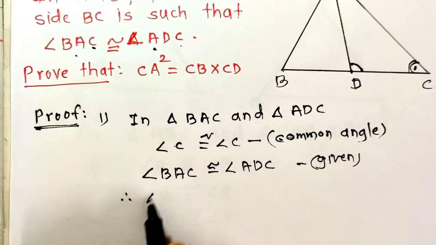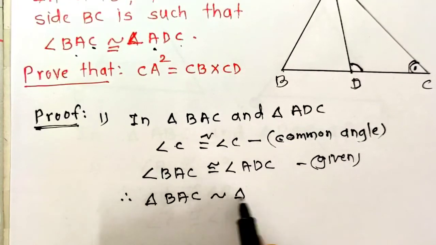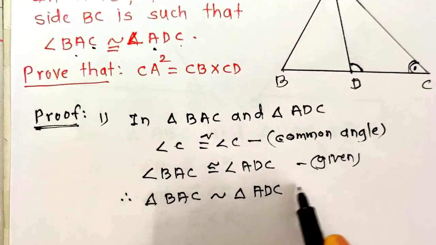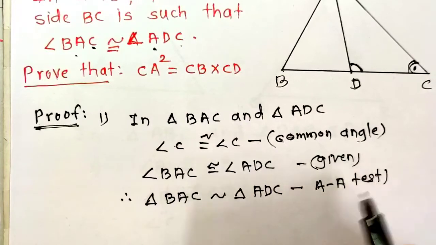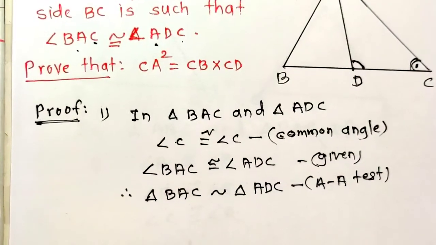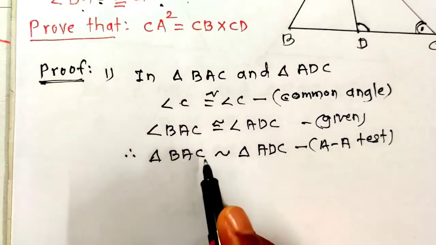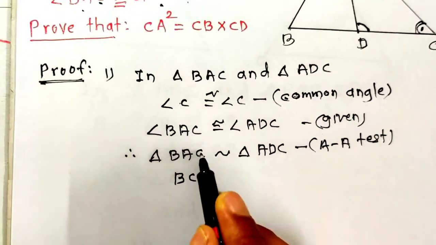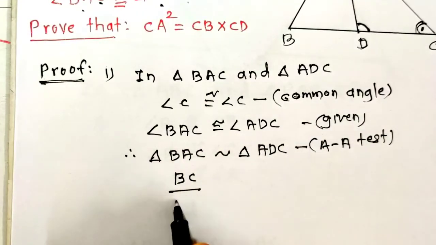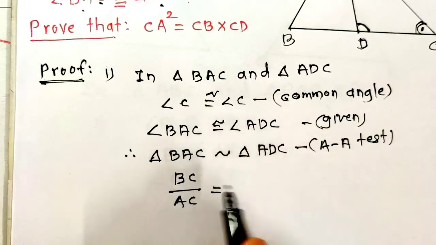Therefore, triangle BAC is similar to triangle ADC by which test? Again, AA test of similarity. So these two triangles become similar, which means their corresponding sides must be in proportion. So here BC upon AC is equal to this pair AC and DC.